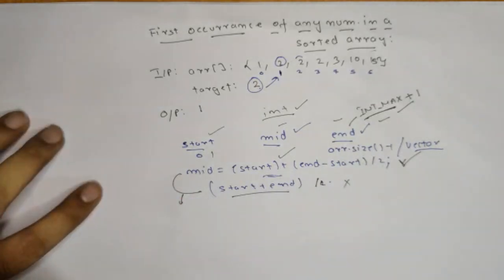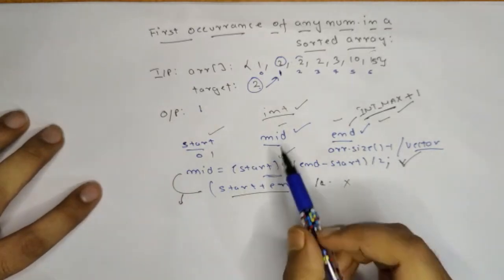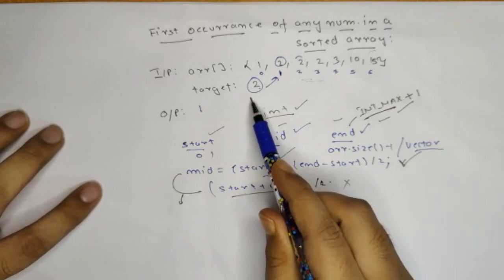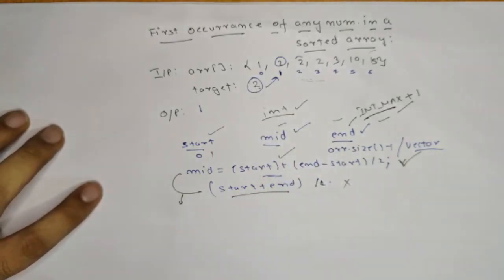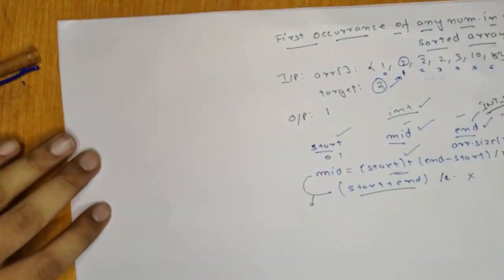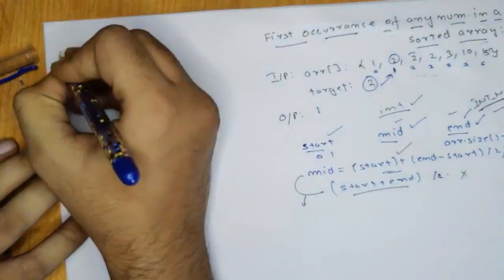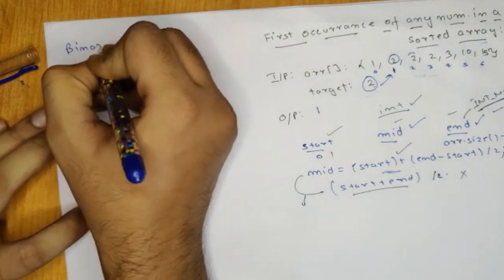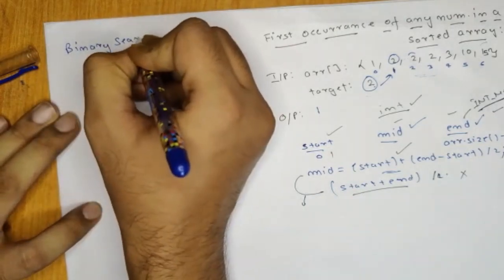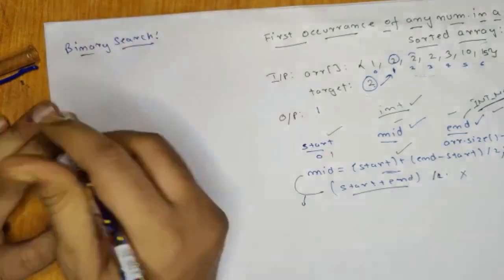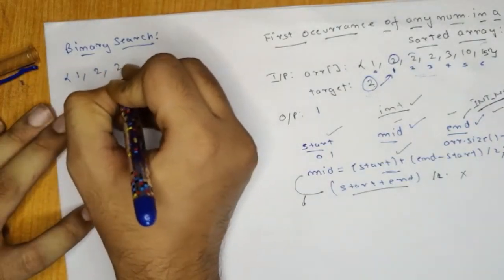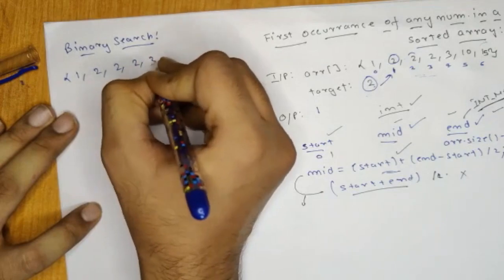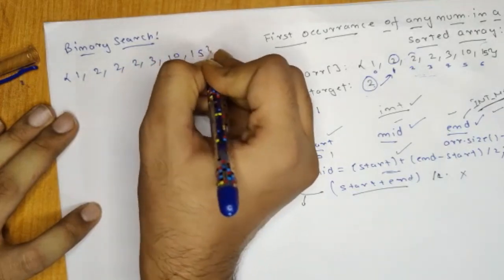Now let's apply binary search to this array and find the value 2. Let me write down the array one more time: 1, 2, 2, 2, 3, 10, and 15.